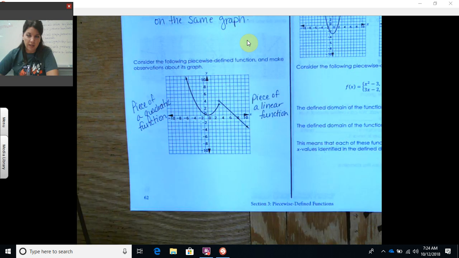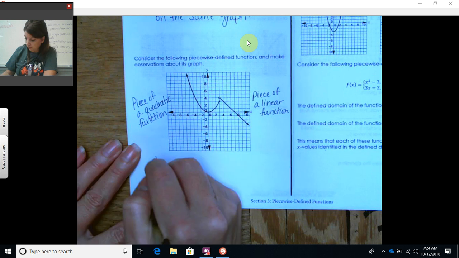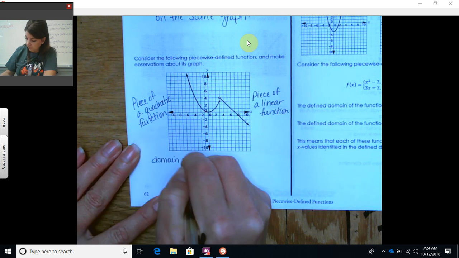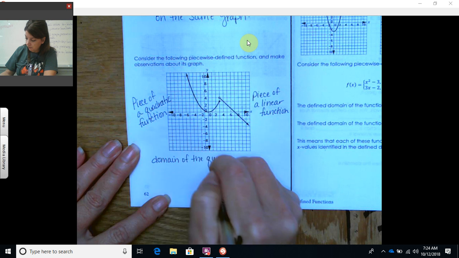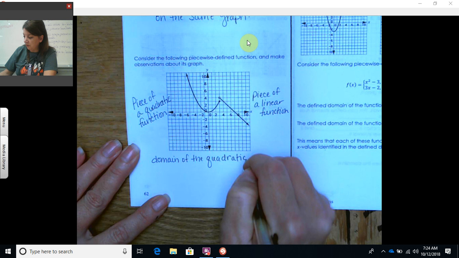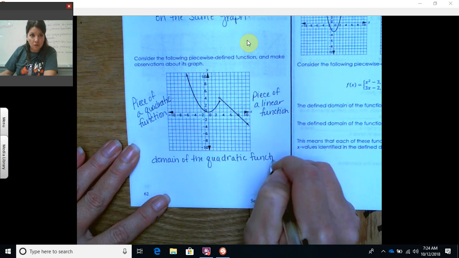And remember how in previous lessons we had to describe the domain and the range? Well, let's just describe the domain of the piece of the quadratic function. And remember, domain is referring to your x values, right?